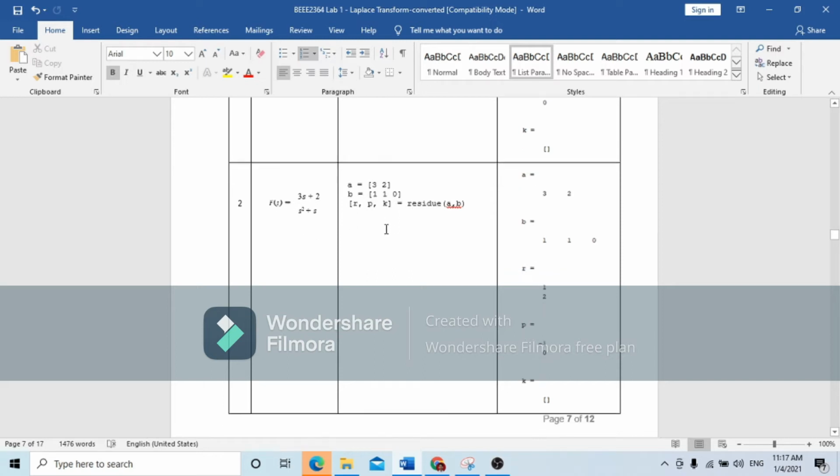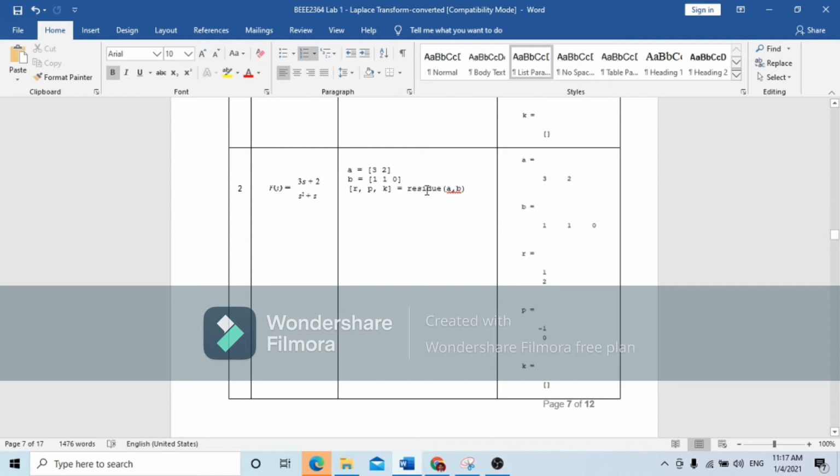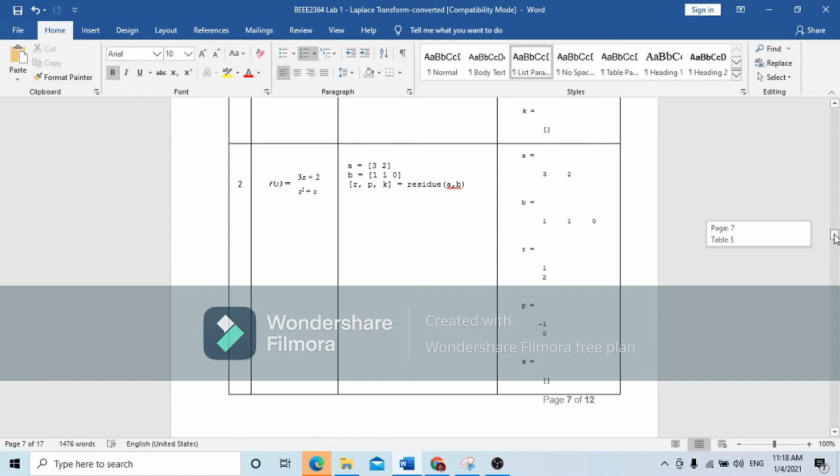So we run the coding in MATLAB, and the output we get is R is 1, 2, and P is negative 1 and 0.